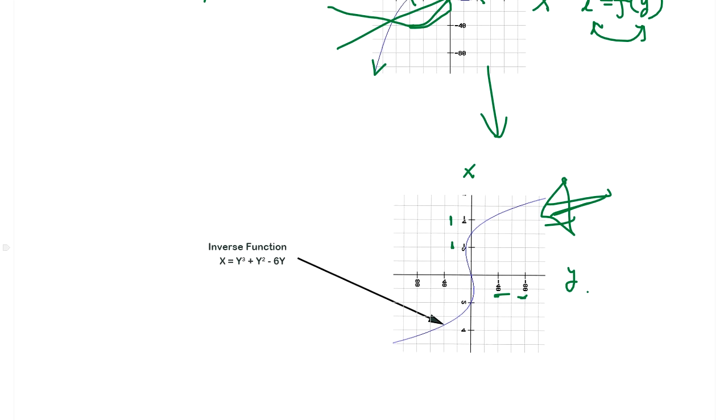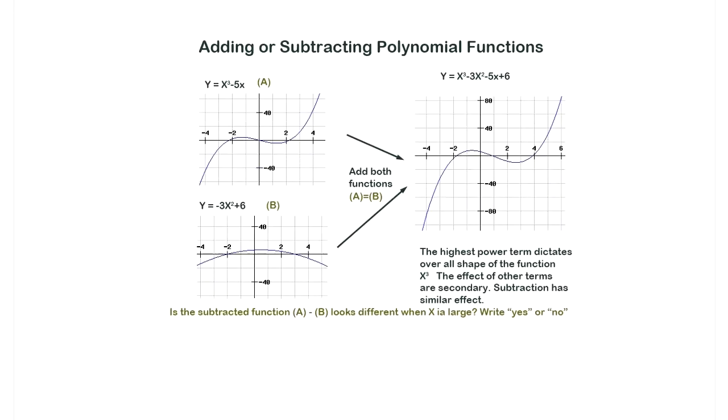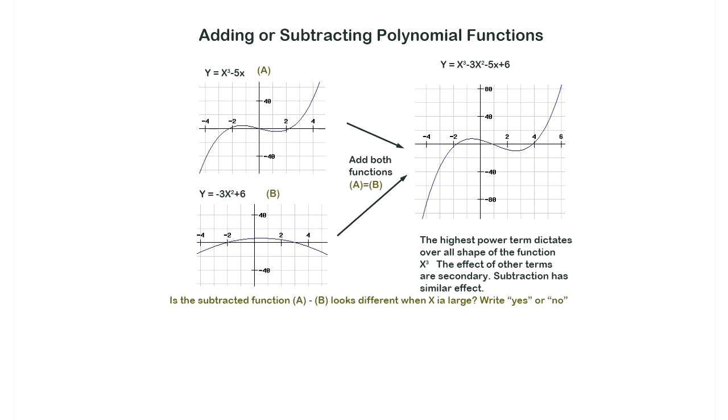Okay, so, adding or subtracting polynomial functions. So what happens if we add this polynomial function and this polynomial function? Both are added. Then this has x to the third. This has x to the second. So do you remember? This guy dominates. So when x is large or extremely negative, then it dominates.